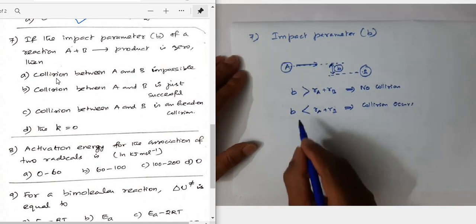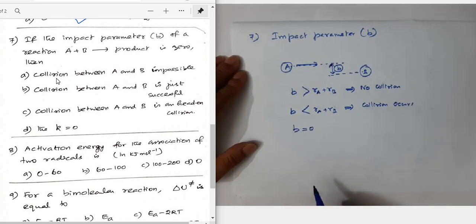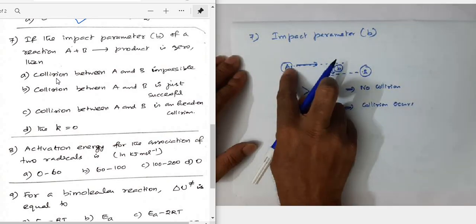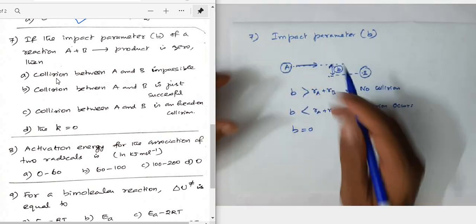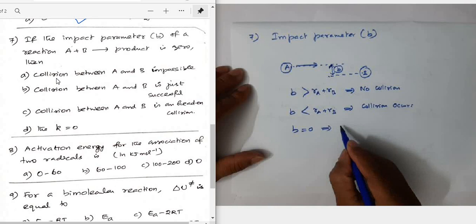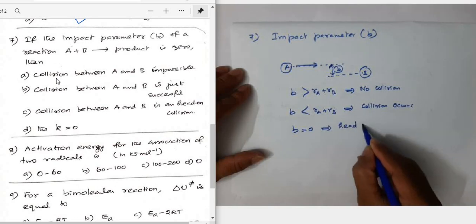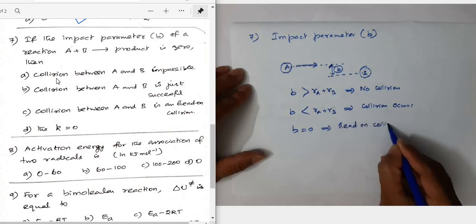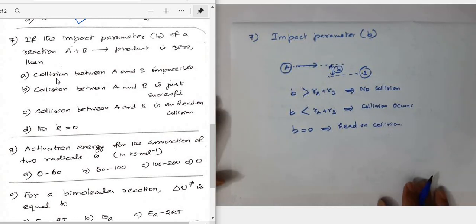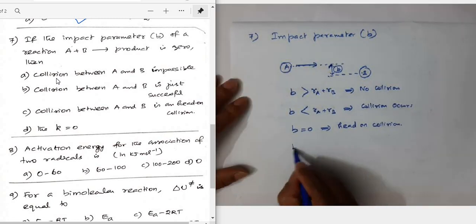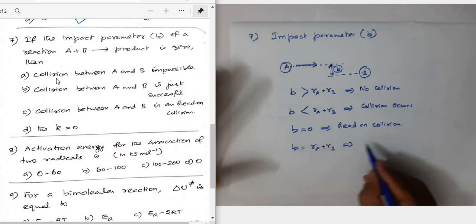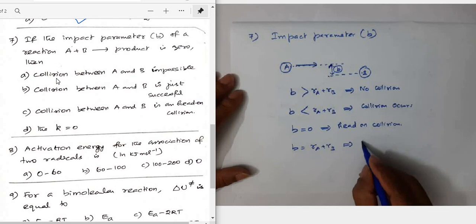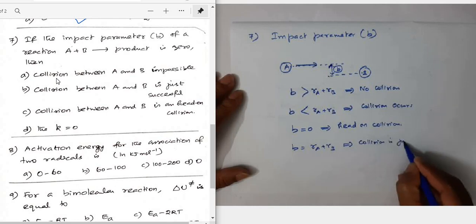If impact parameter is 0, that means this gap is 0. That means they come directly and hit. It is called head-on collision. If b equals 0, we call that collision head-on collision. If b equals RA plus RB, collision just occurs, it is just successful.